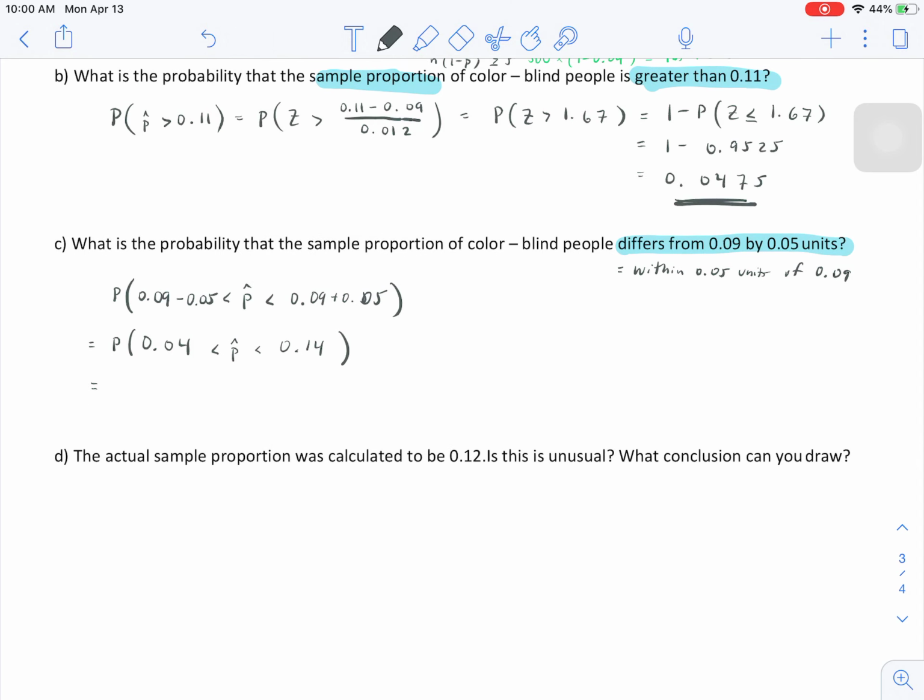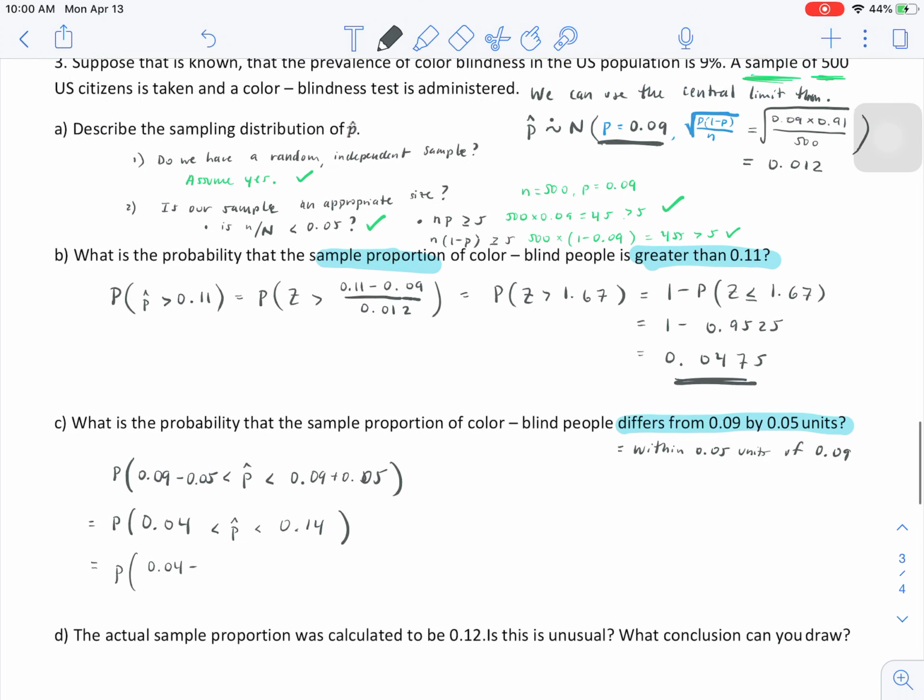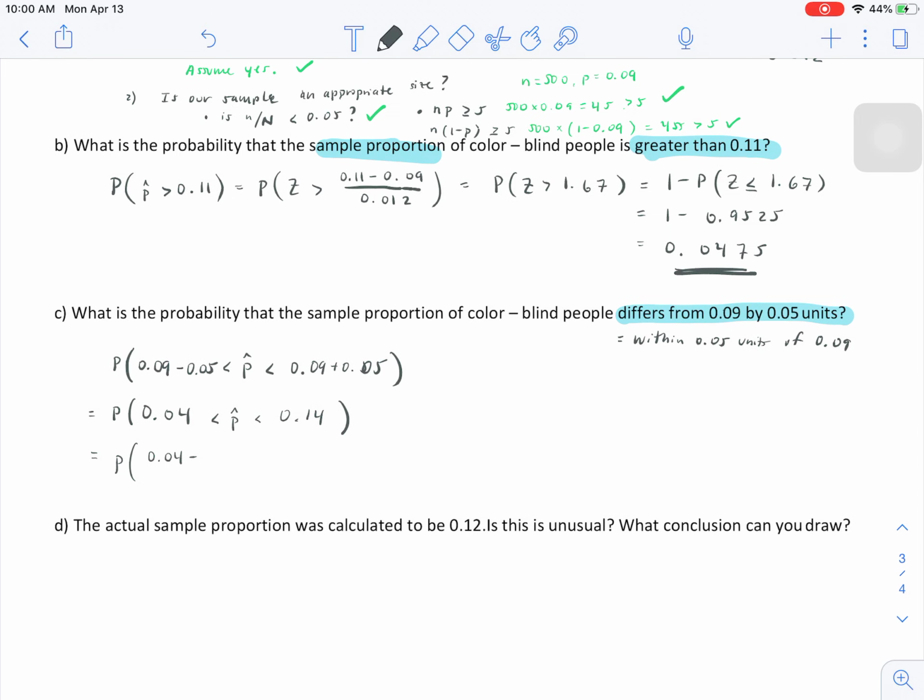To find this probability, since I know the sample proportion is normally distributed, I convert to z-scores. So I take 0.04 minus the mean. As a reminder, let me rewrite the distribution of the sample proportion. 0.04 minus the mean of 0.09 divided by the standard deviation.